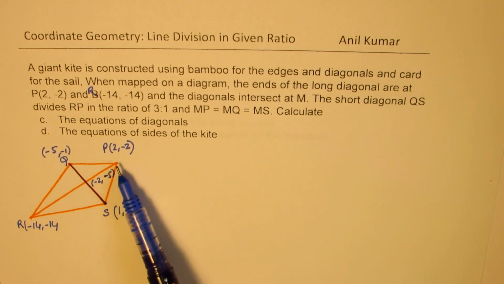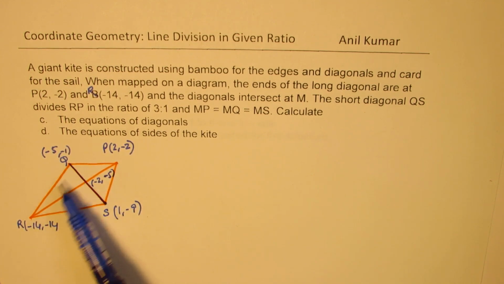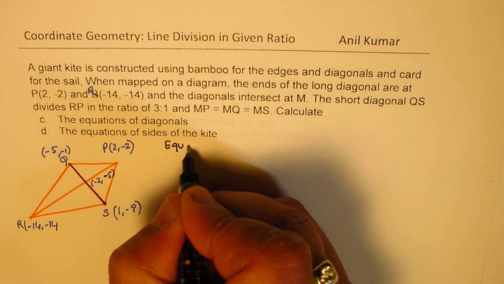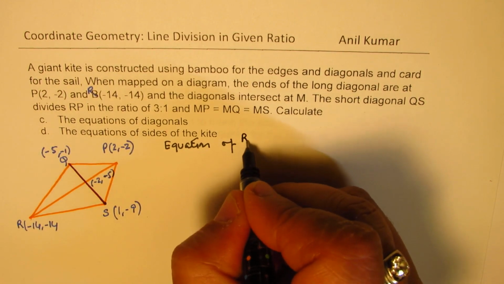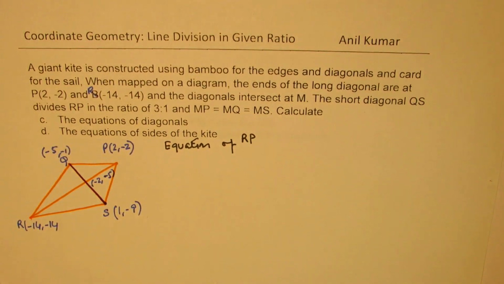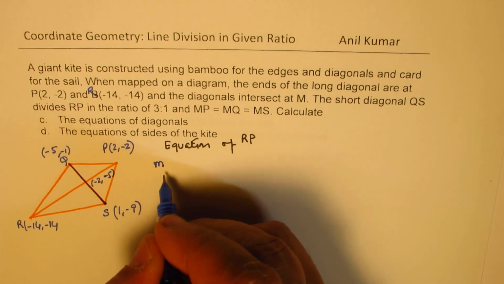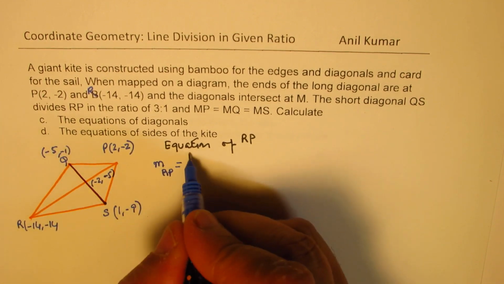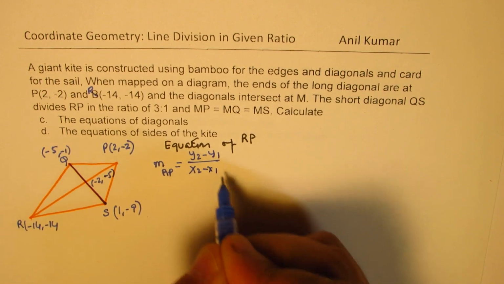So I'll just do the diagonals' equations. These two are perpendicular; you do the sides. So let's write down the equation of RP, the major diagonal. Slope, we just found the slope actually. Slope of RP, you can again find (y2 minus y1) over (x2 minus x1).